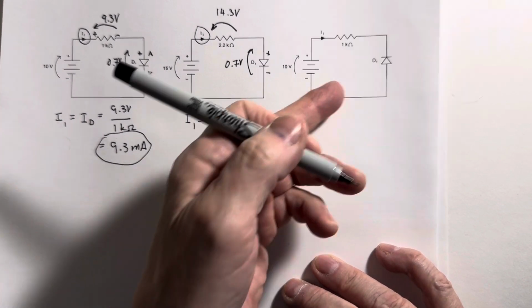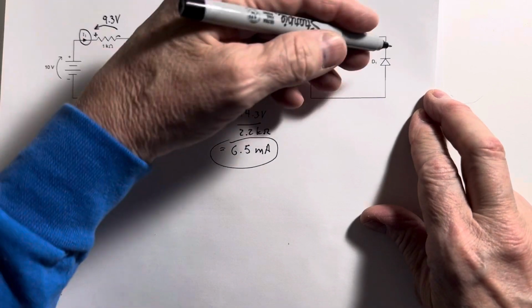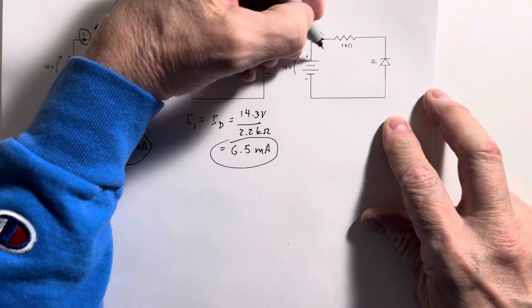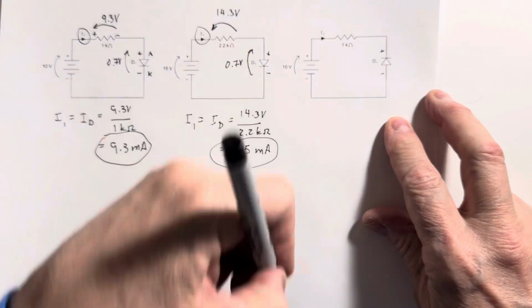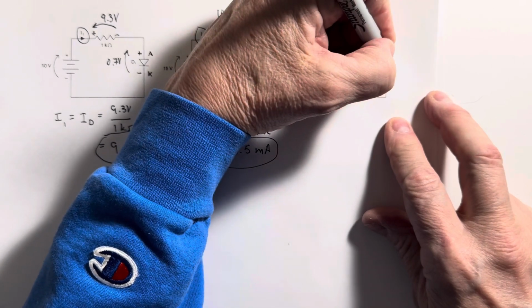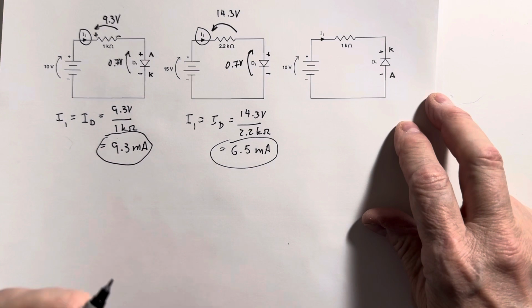Very simple. The last circuit turns out to be the same as the first circuit, except the diode is in the opposite direction. That means we're reverse biasing this diode. Its cathode is more positive than the anode. In other words, V sub AK is a negative number, so it's reverse biased.